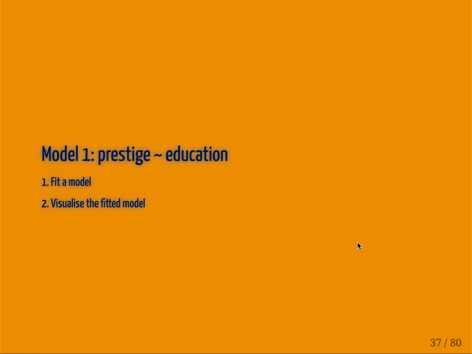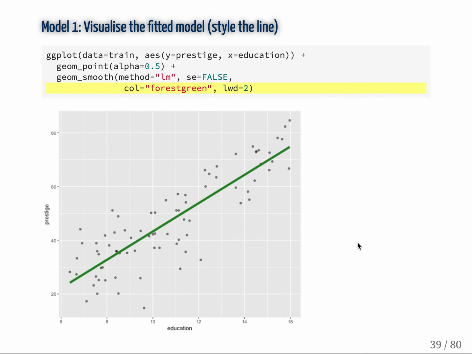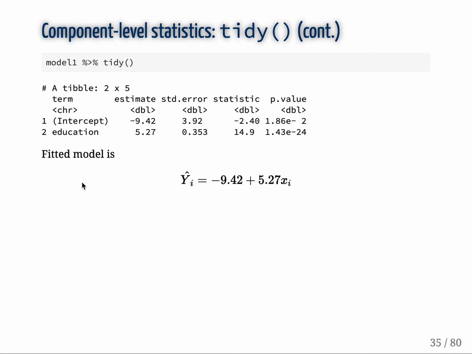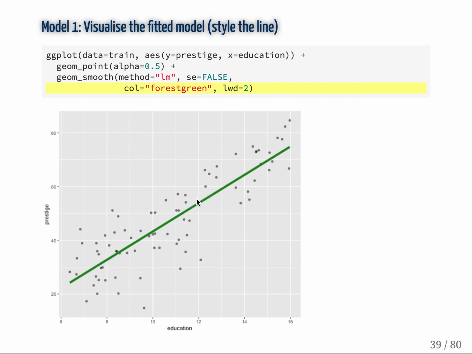Next, visualize the fitted equation with data. Like this. We had data. Now this is our fitted regression model. It is this one. In order to draw the fitted regression model on top of this scatter plot, you can use this code. Here, the name of the data set is train.